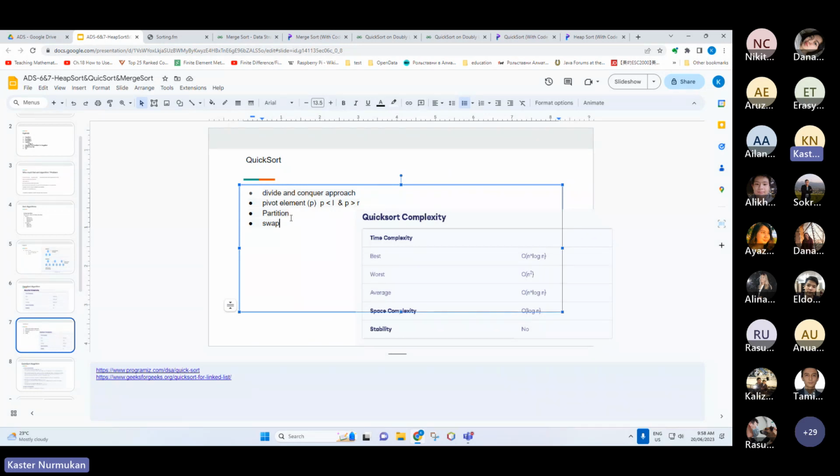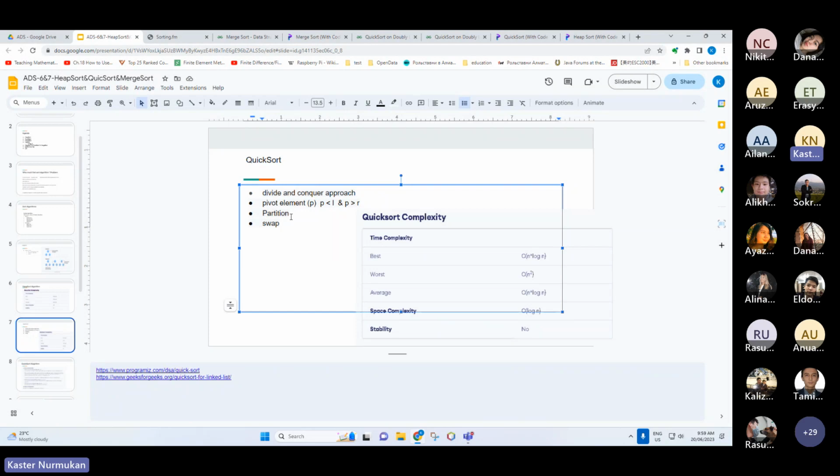The pivot can be any position in the data set. You can take it from the left side, from the right side, or even from the middle. If you take it from the middle, it should be the same as MergeSort, but you can take any place.